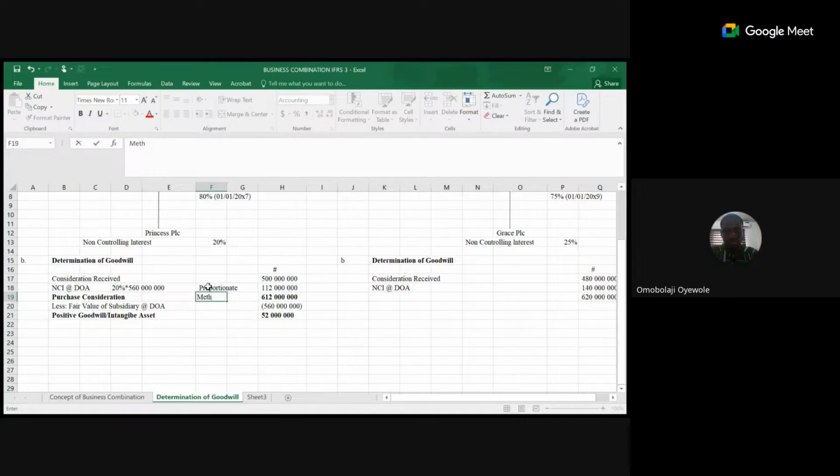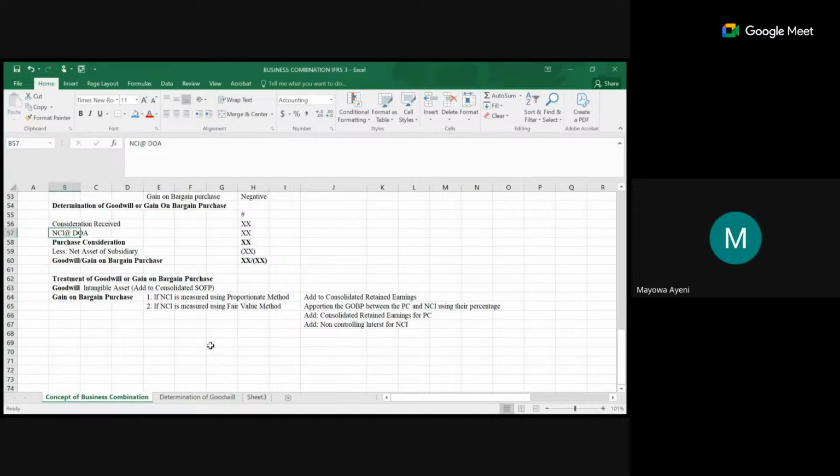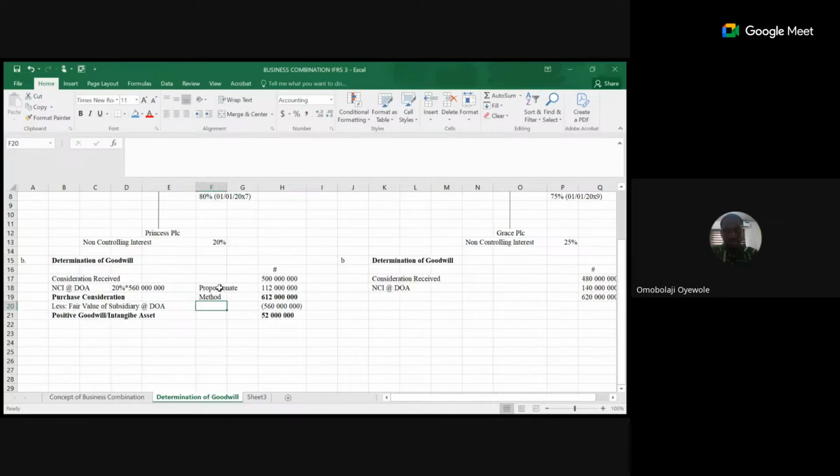This is the proportionate method. I said proportionate method and fair value method, but I didn't give a breakdown of the two methods. That's why, when we are solving questions, I'm explaining those two concepts.